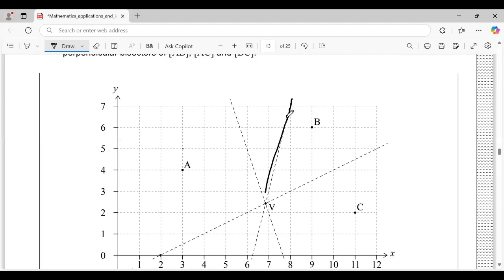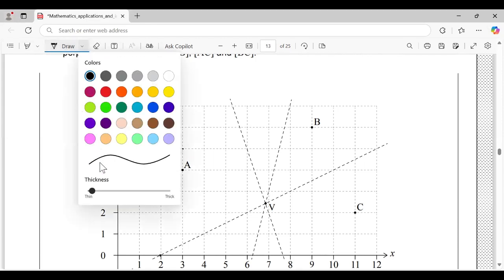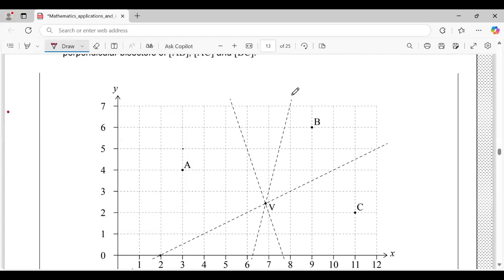Okay, wait, I'm going to set a different color. Okay. So these are the edges.